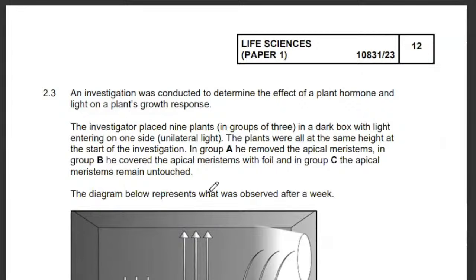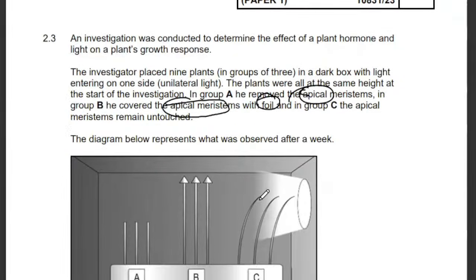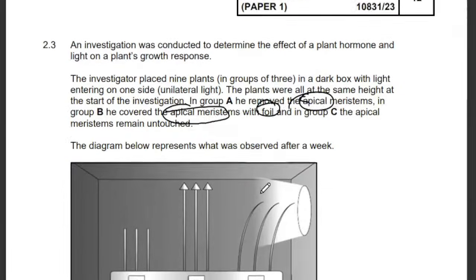In group A, the apical meristem is removed, meaning that it has no head. In group B, the apical meristem is covered by foil, meaning that it doesn't allow light to go through. And in the third group, the apical meristem remains untouched, meaning that nothing is happening to it.